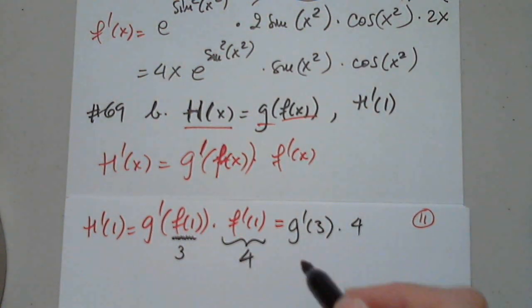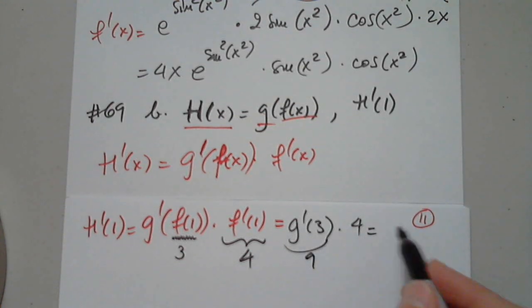So then I need g prime of 3. I go back to the table. Can anyone identify g prime of 3? 9. Careful, g prime of... Yes, you're right. I was looking at g. It's 9, indeed. So now all we have to do is 4 times 9, 36. And that's it.